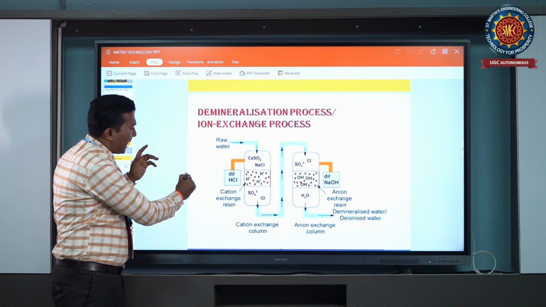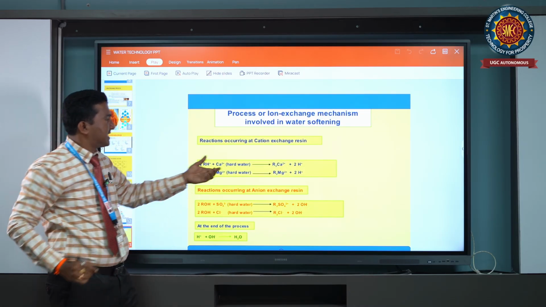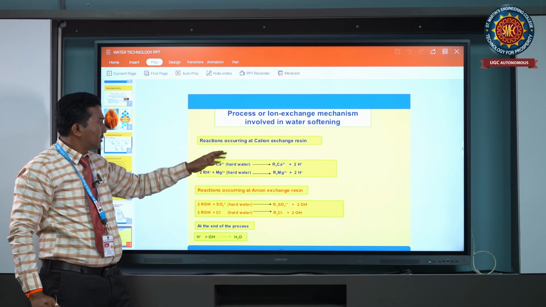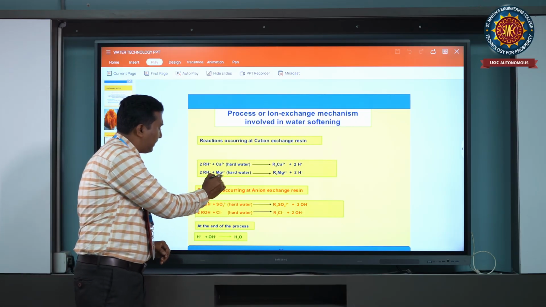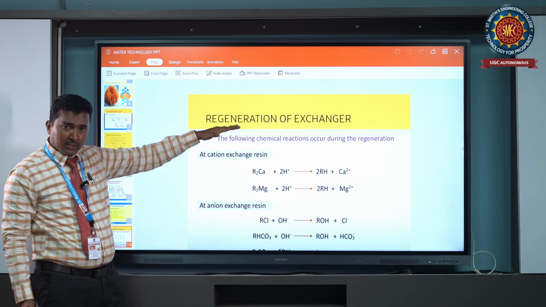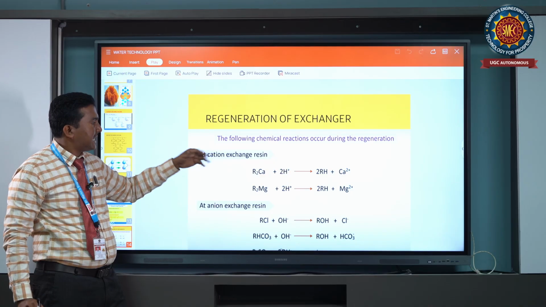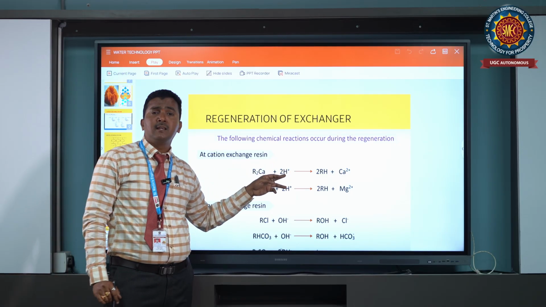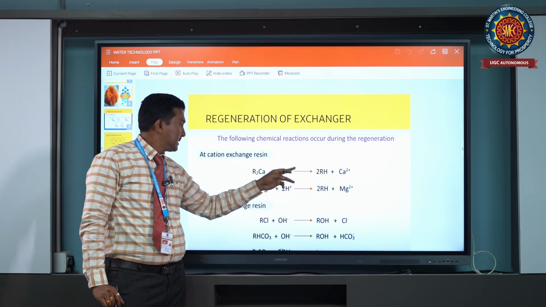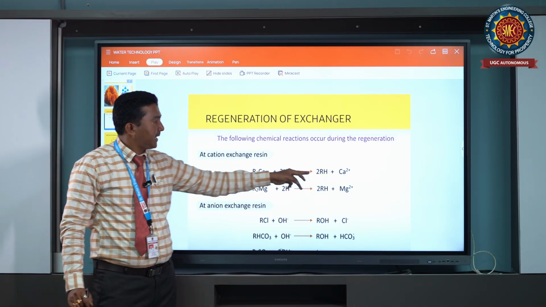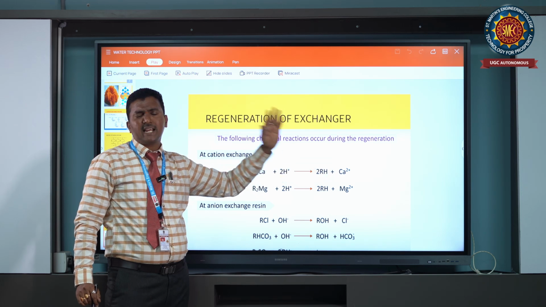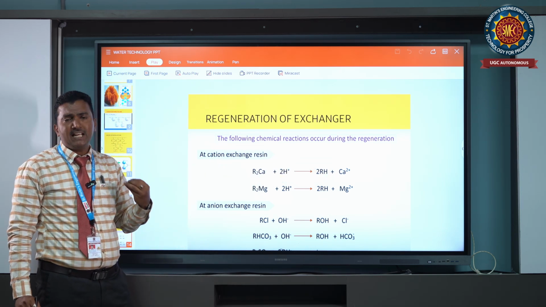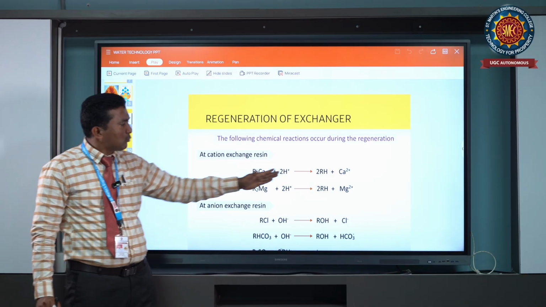This is the diagram, and these are the reactions. This is the cation exchange reagent reaction, and these are the anion exchange reactions. Regenerated means the H+ ions belong to RH, which is activated again. They give calcium, which may be calcium chloride, calcium sulfate, or calcium nitrate, and this is washed out.